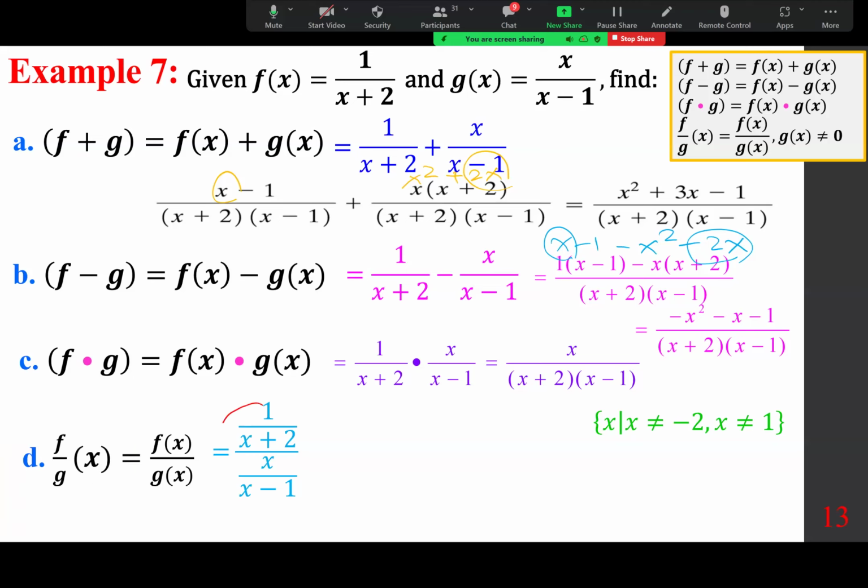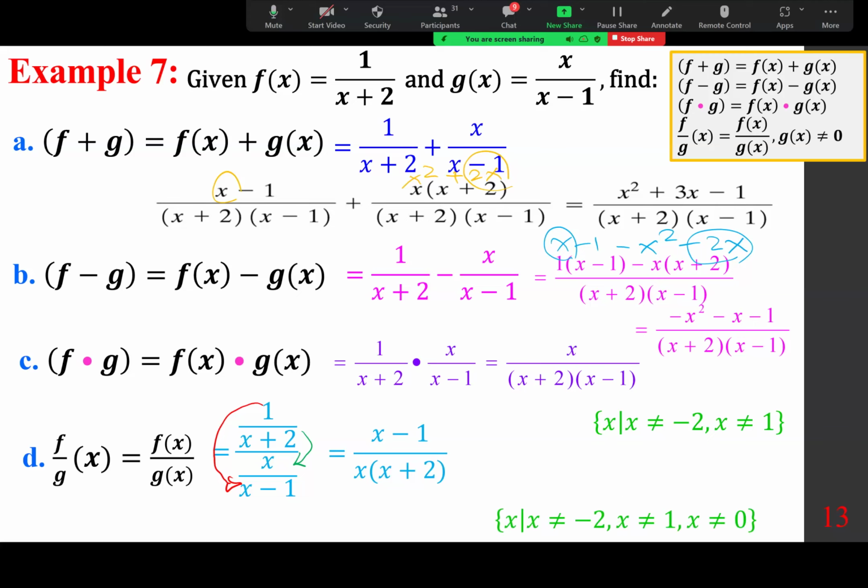You multiply the extremes, 1 times x minus 1. This would be the numerator. So x minus 1 is the numerator. You multiply these two, and that's the denominator. I hope you remember that.